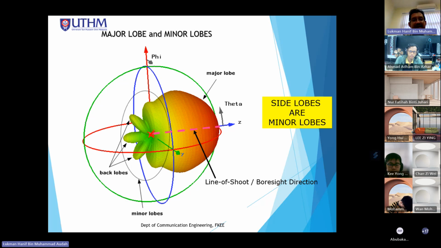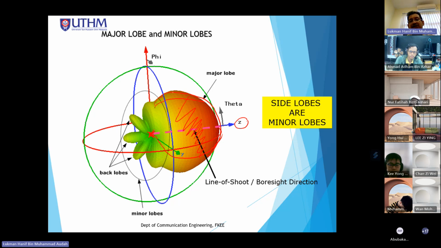From this example, we can see that most of the wave travels in the right direction over here. Most of the wave goes along the z-axis in this example.